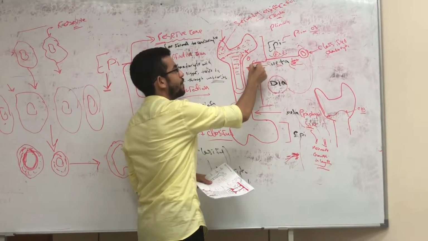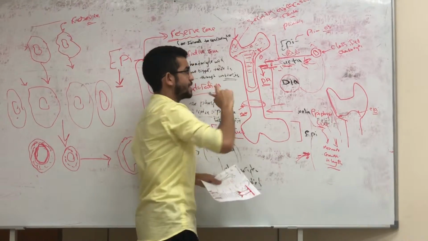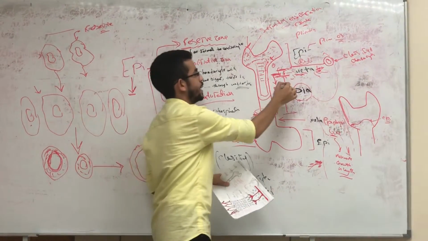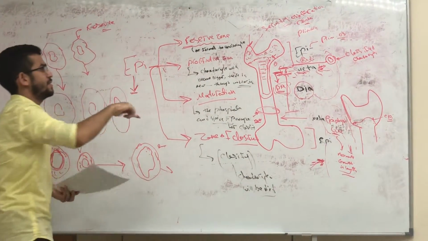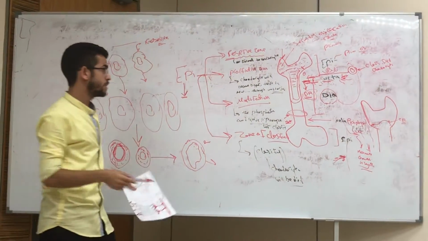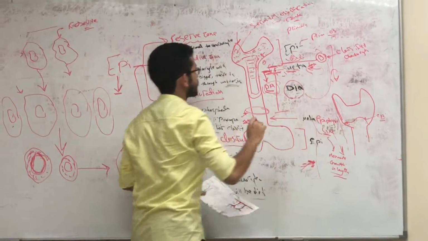Then they will form into the metaphysis area, then into the diaphysis. We also mentioned that the direction of bone growth is from the epiphysis to the diaphysis.